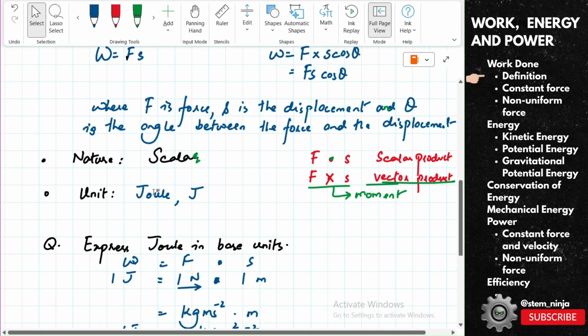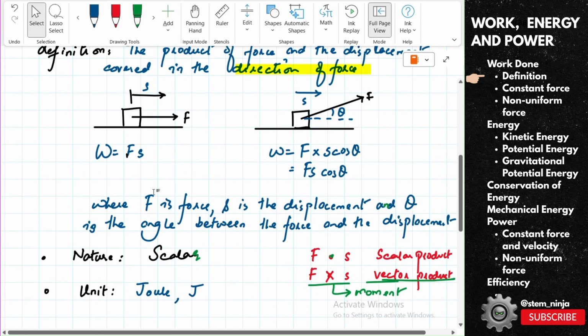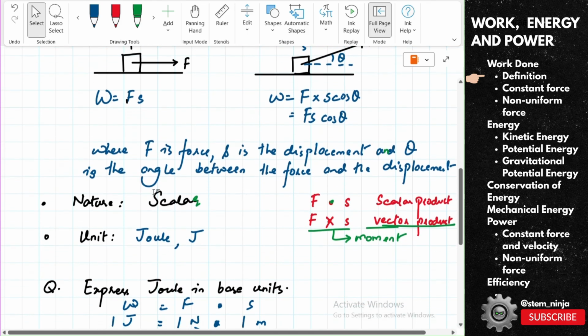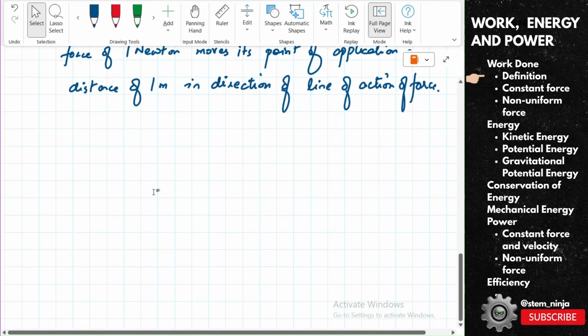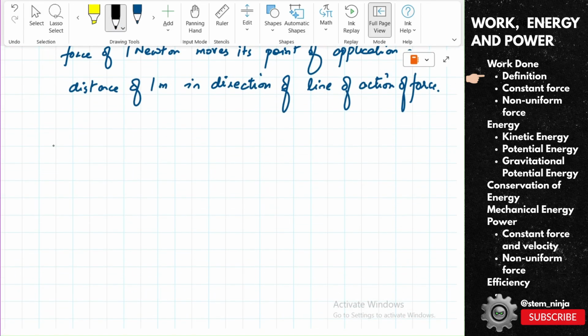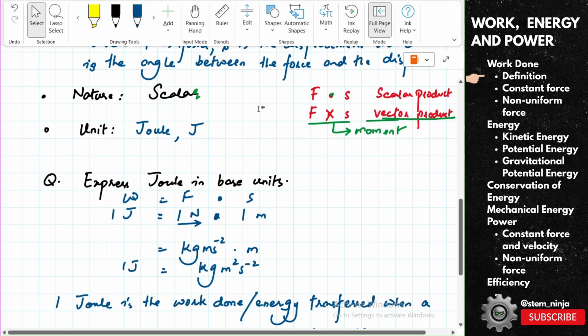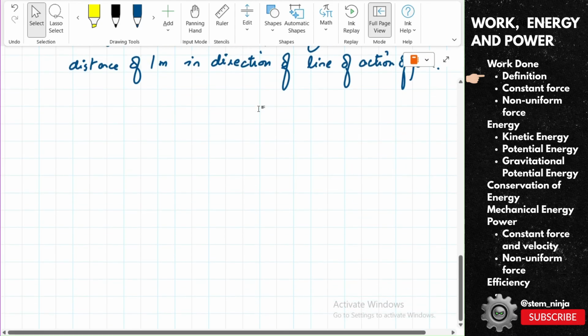Now let's focus on the force and the displacement, because the dependency is important to understand. What if the force is constant and displacement is variable, and what happens if the force is not constant?